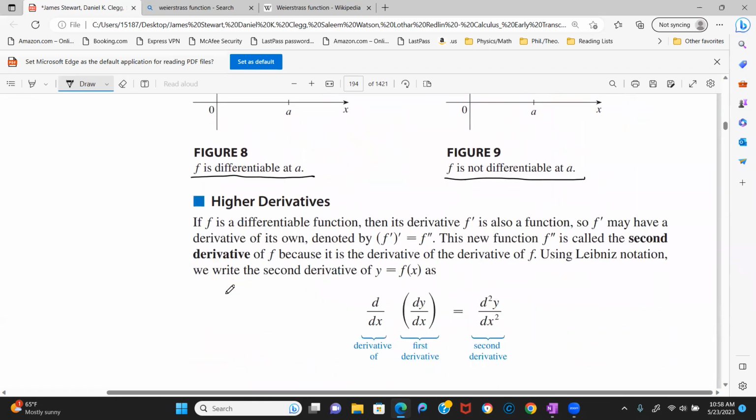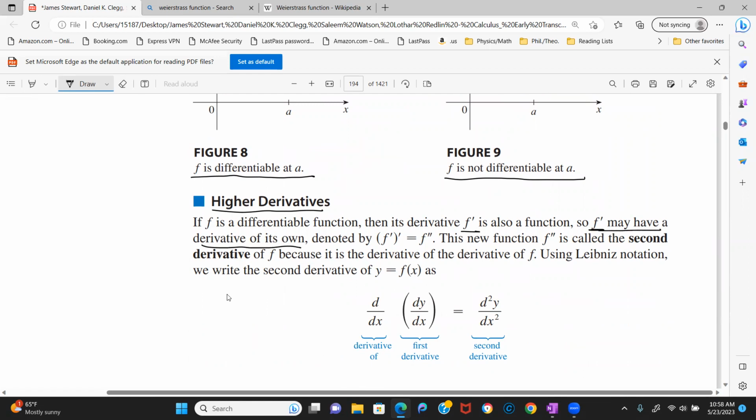All right, so we've just been thinking about one derivative, but it turns out you can take as many derivatives as you want. So we have this notion of higher derivatives. Here's the first derivative, but the derivative itself may have a derivative of its own.